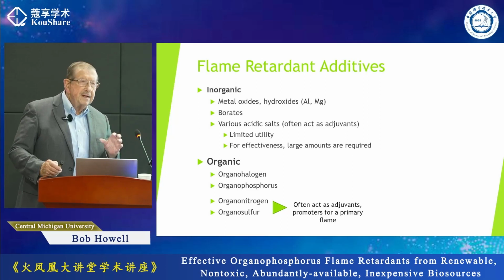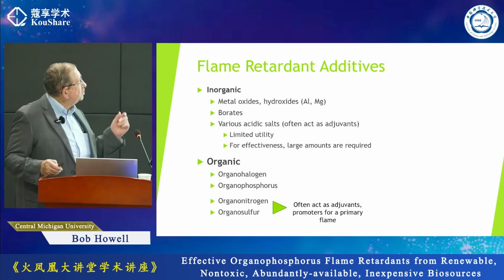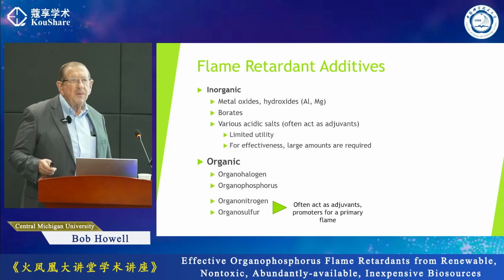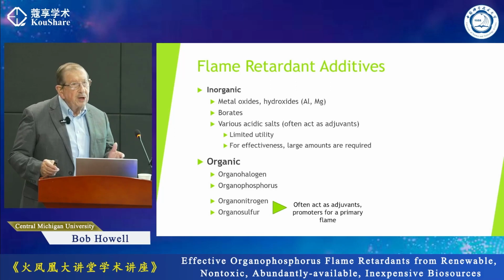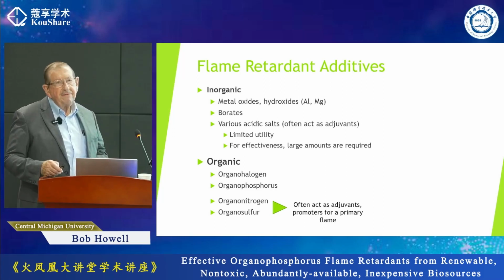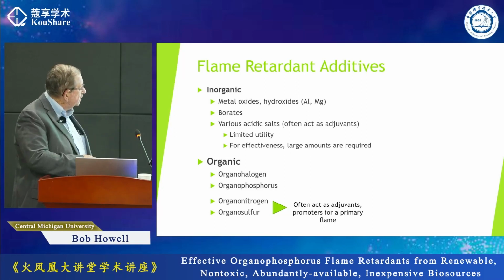And so to get effective flame retardancy, a large amount is required, to the point that often the polymer integrity is impaired. And so these materials are often used in polymers for which integrity is not important, such as cable coating or paper coating.